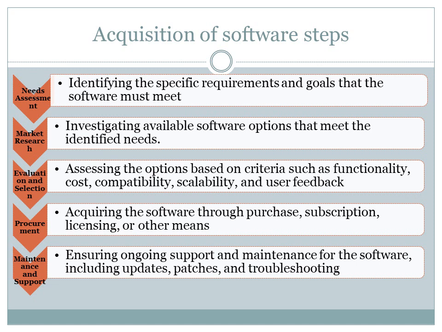When you identify the need under the market research, you then gauge whether the option meets the identified need. Then we have the evaluation and selection, which involves assessing the options based on criteria such as functionality, cost, compatibility, scalability, and user feedback.